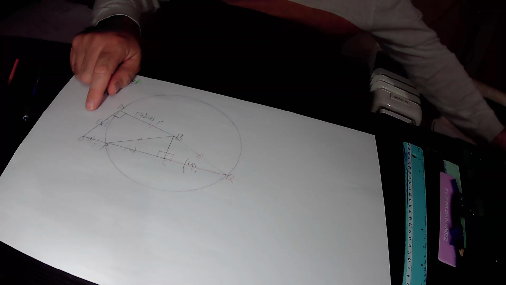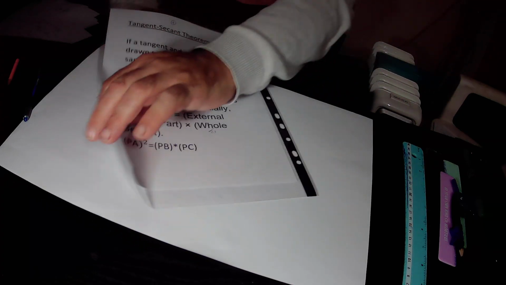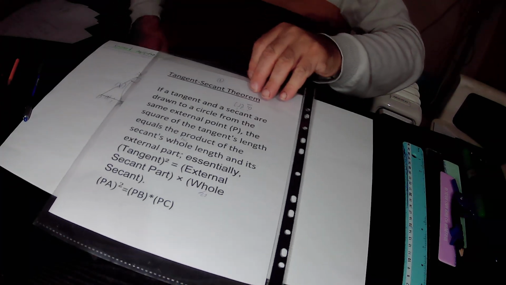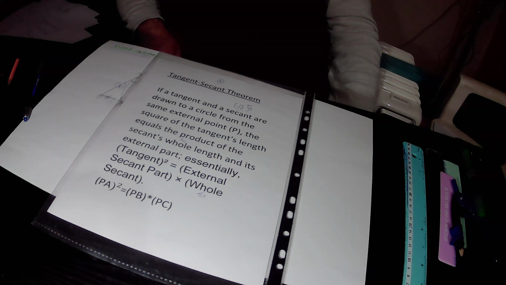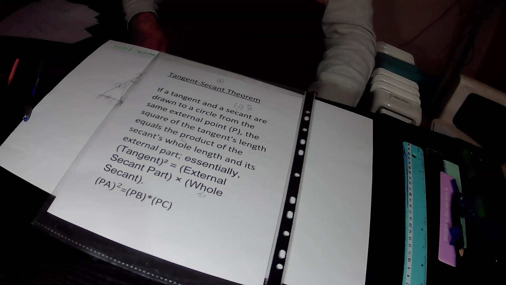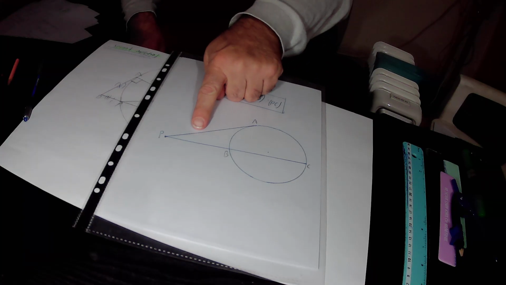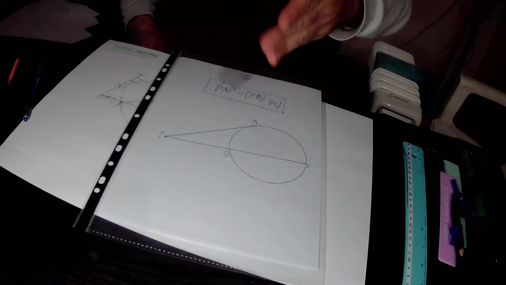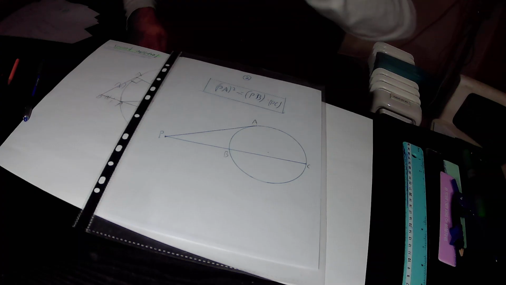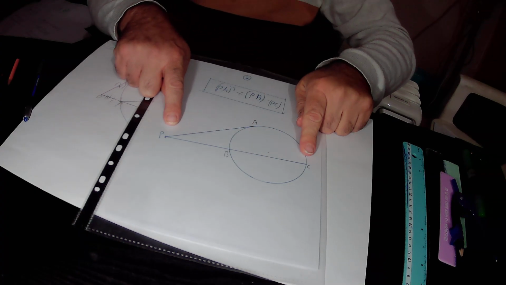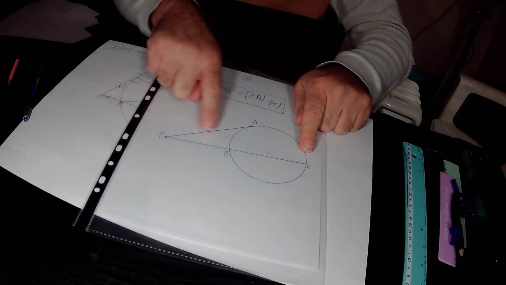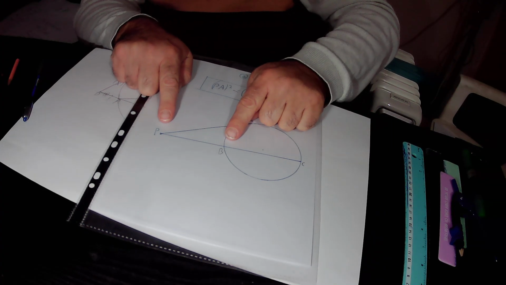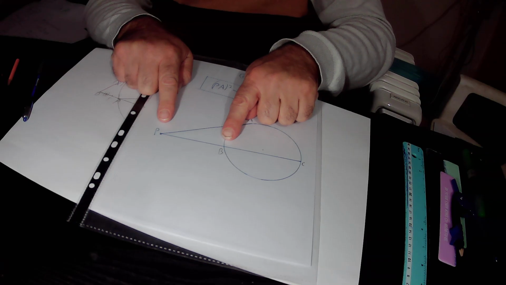So, quickly on the tangent secant theorem. According to the tangent secant theorem, if a tangent and a secant are drawn to a circle from the same external point, point P, here from the common external point P we have tangent PA, that is tangent to this circle at point A. Likewise, we have secant PC, that cuts the circle at two points B and C. The external part of secant PC is PB.